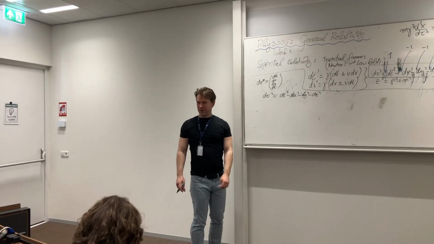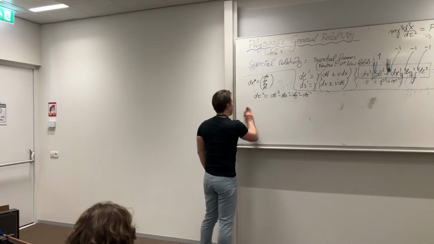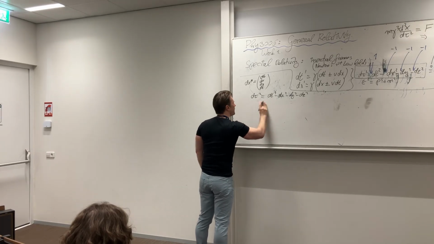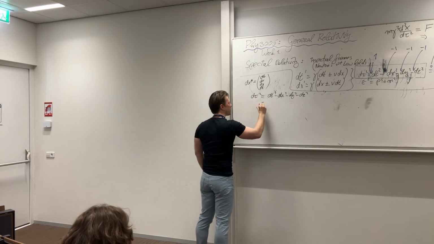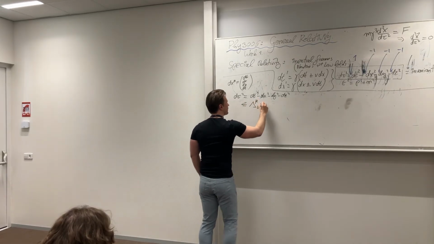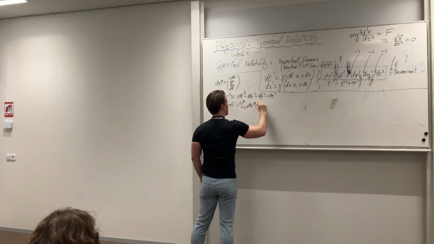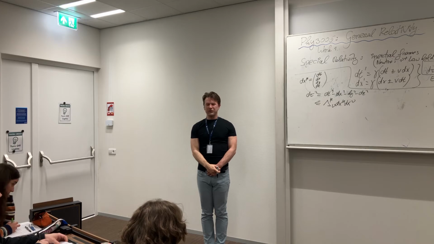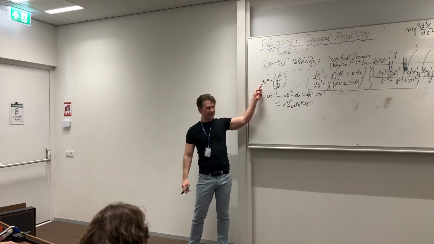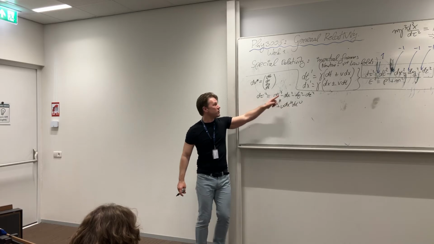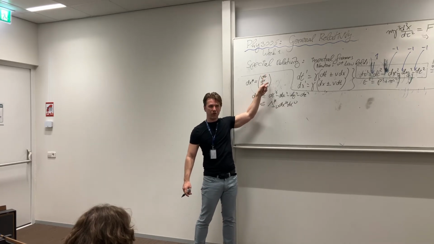Here's another piece of notation. I wrote down this object twice. There's one of them here, where I used the Greek index mu to list which of those 4 I meant: 0, 1, 2, 3.